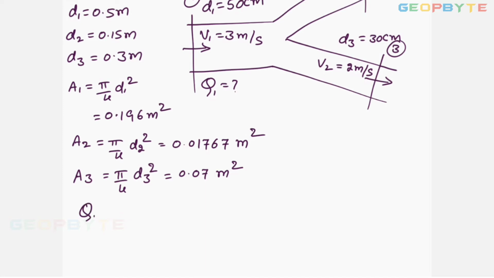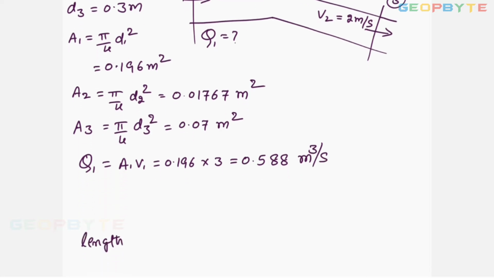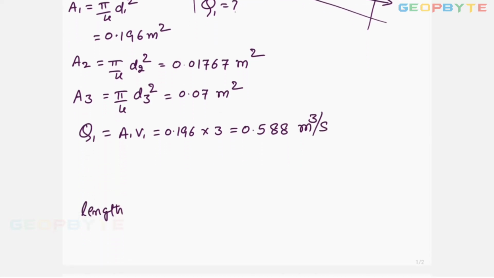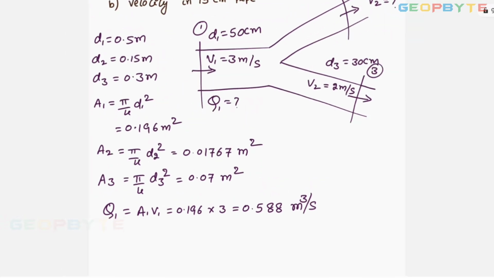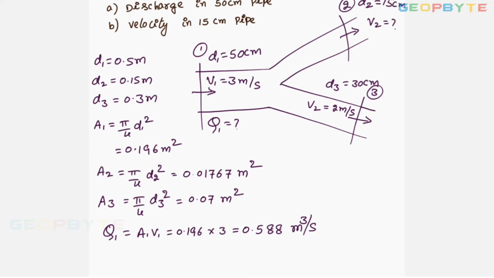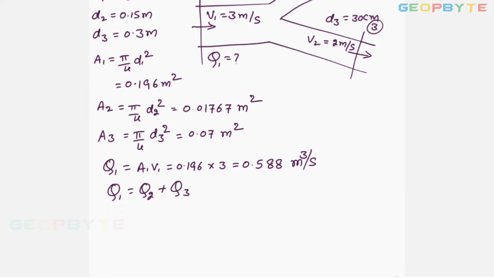Then discharge Q1 equal to what? a1 v1. a1 you got is 0.196, v1 is 3. Simplify this value for getting 0.588 meter cube per second. You know, according to continuity equation, I can write that this Q1 must be equal to discharge through section 2 plus discharge through section 3.